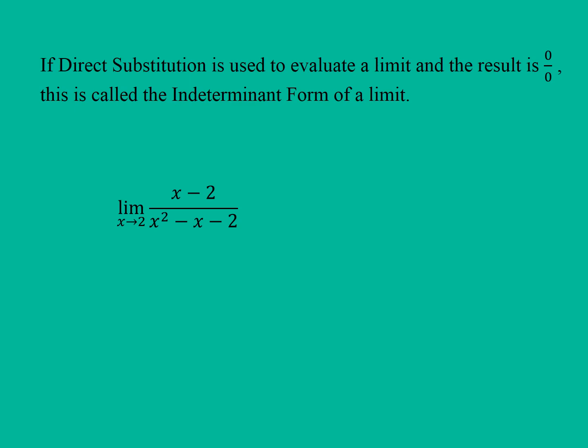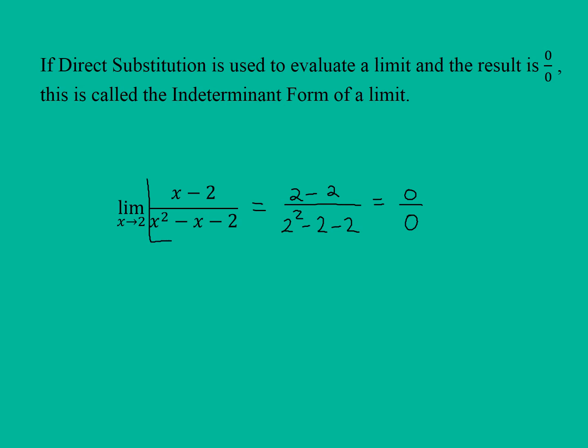So taking a look at this limit, the limit of x minus 2 divided by x squared minus x minus 2, if we tried to use direct substitution, we would get 2 minus 2 over 2 squared minus 2 minus 2, which is 0 over 0. This is called the indeterminate form.